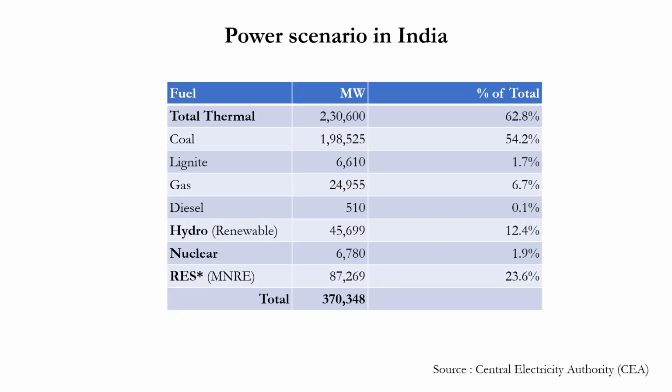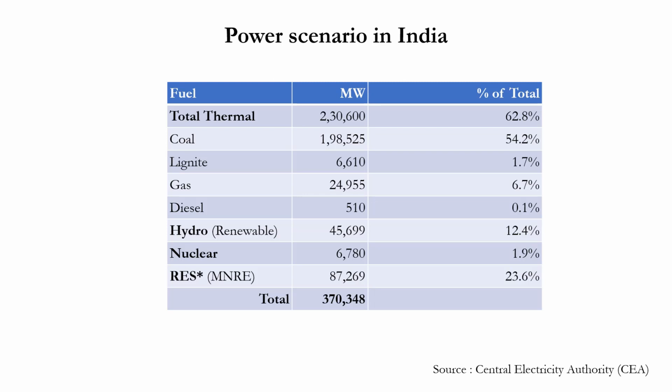Let us see from where the power is being taken and what the quantity and percentage are. From thermal, the power is 2,30,600 megawatts. That is nearly 62.8% of total power. Of the thermal, coal is 1,98,525 megawatts.